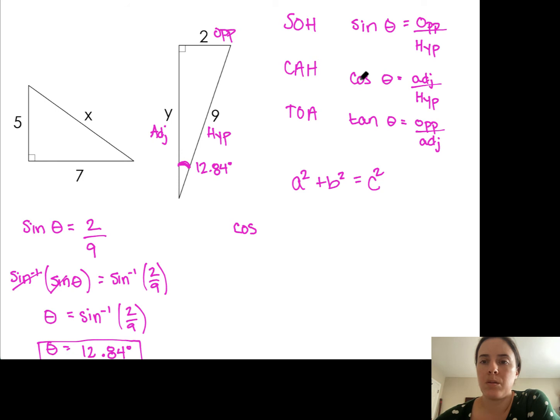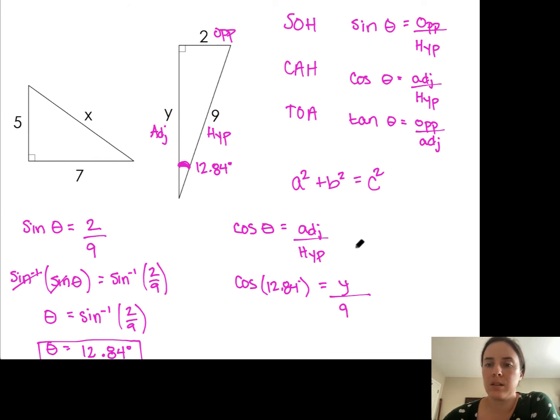So that we know the cosine of our angle is equal to the adjacent leg over the hypotenuse. So if we're going to use our 12.84 degrees, that tells us that the cosine of 12.84 degrees is equal to our adjacent leg, let's call y, over our hypotenuse, which is 9.